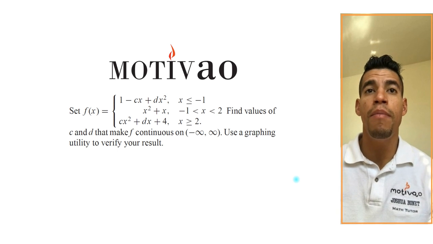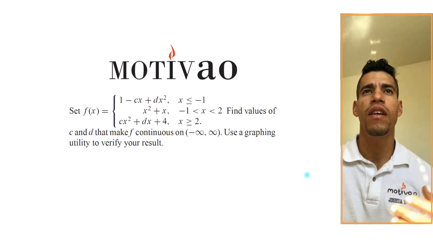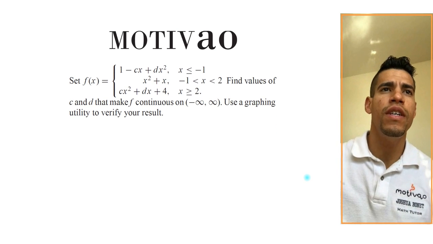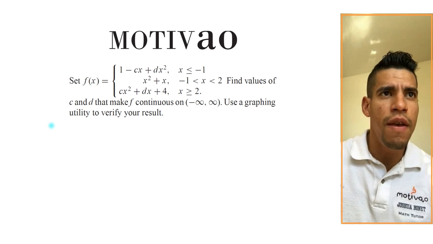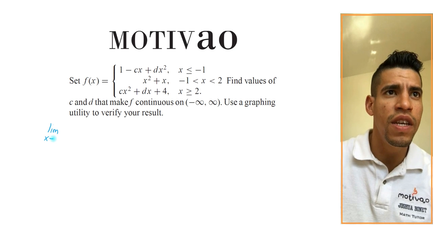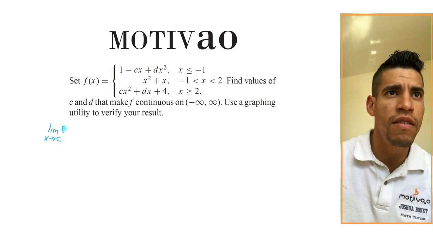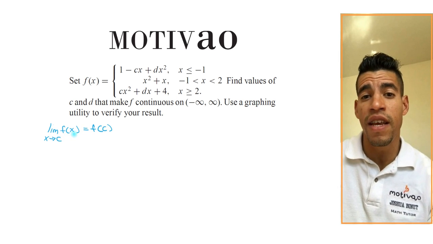Well, first of all, let me remind you what the definition of continuity means. A function is continuous if the limit when x approaches c of f of x is equal to f of c. But notice this limit must exist.